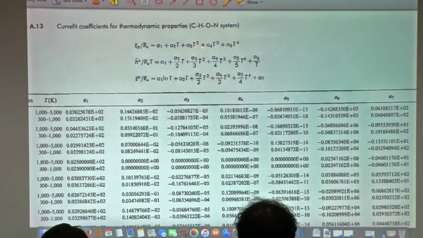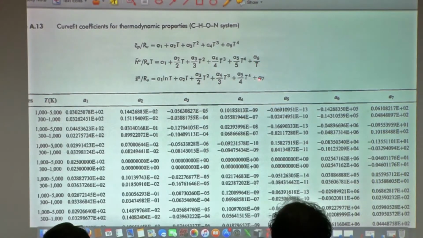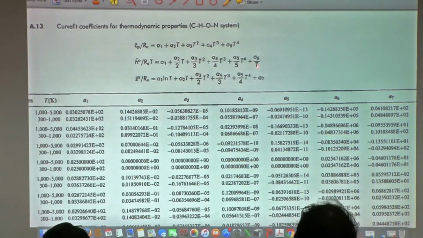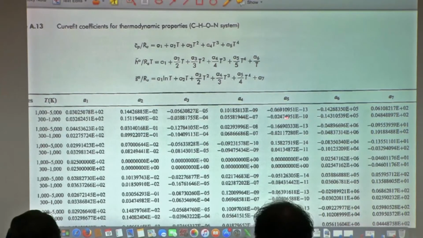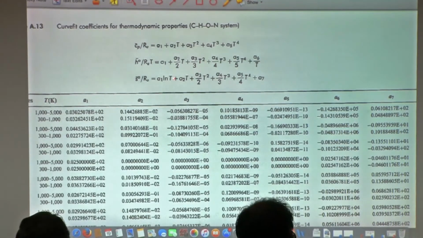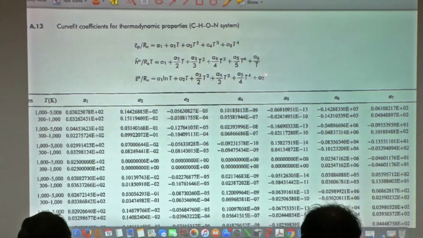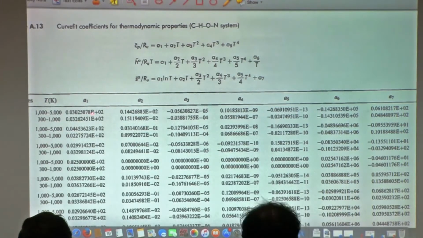When you integrate Cp dT, you will get a constant term, which is that A6. Then in the entropy term you have another one, A7. But basically for Cp values you have 5 constants.